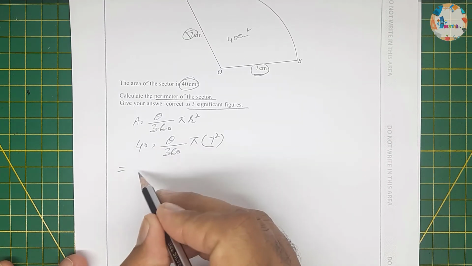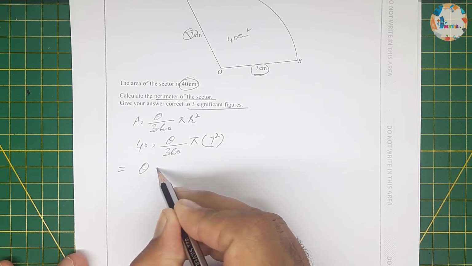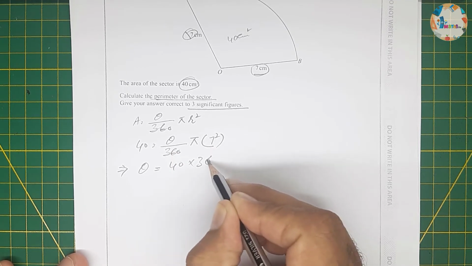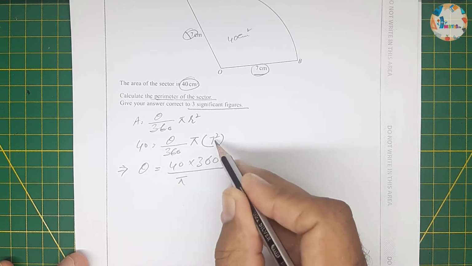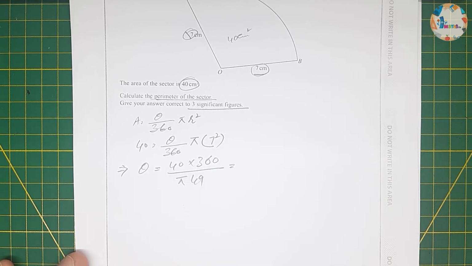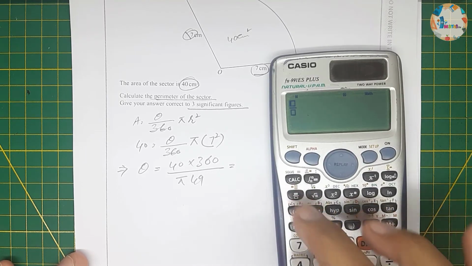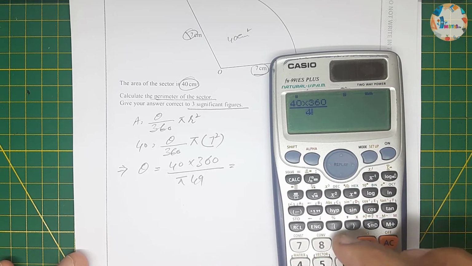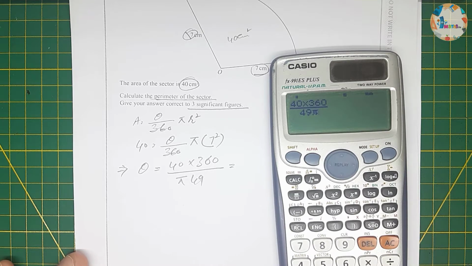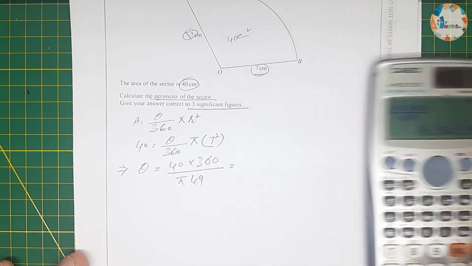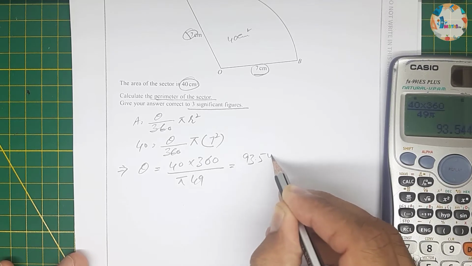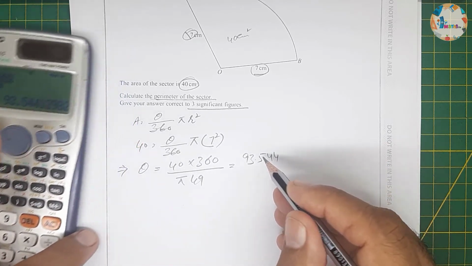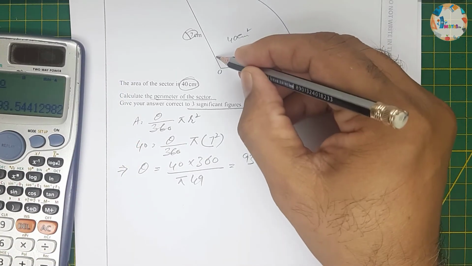Okay, so this implies theta will be equal to 40 into 360 divided by pi, and 7 square will be 49, and this will be equal to 40 multiplied by 360 divided by 49 pi, so 49 pi will be this one, so this is equal to 93.544, and this number I'm keeping. So now we got this angle theta value.